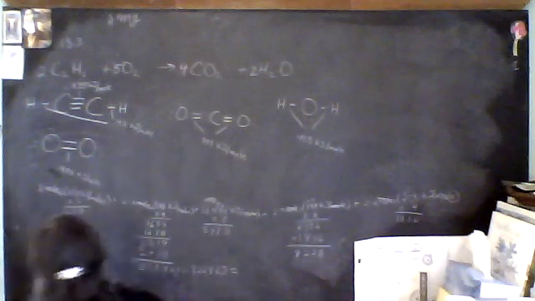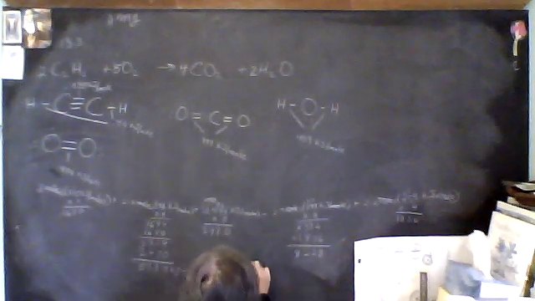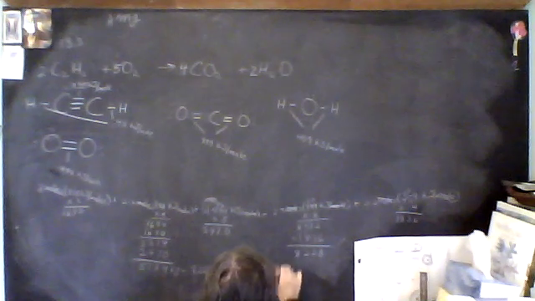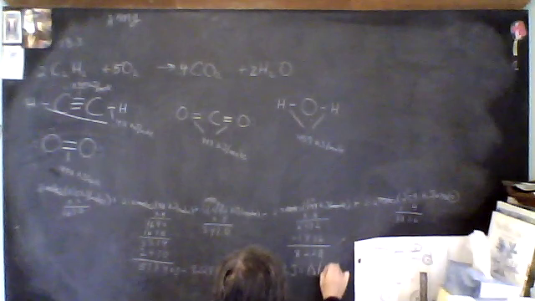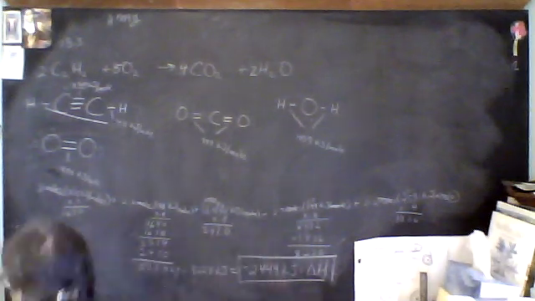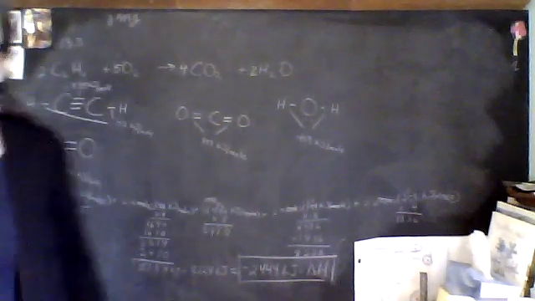And so that gives us negative 2,444 kilojoules. Exothermic. It generally is when you're burning stuff. Thank you, Martin.